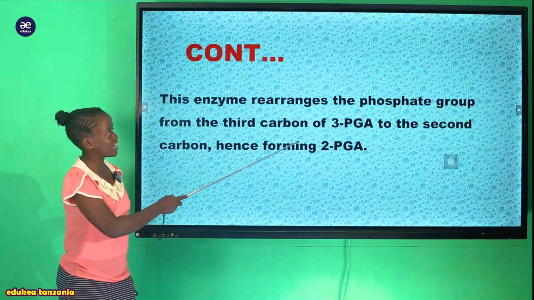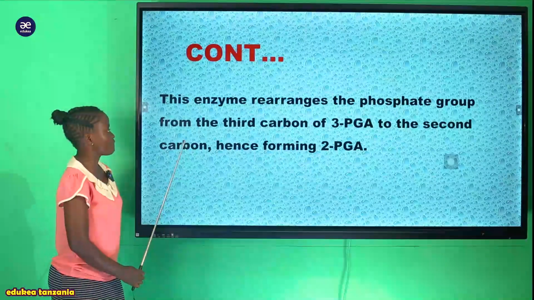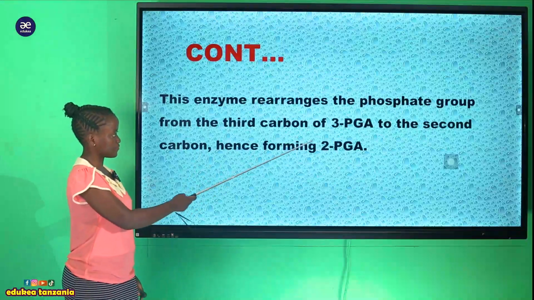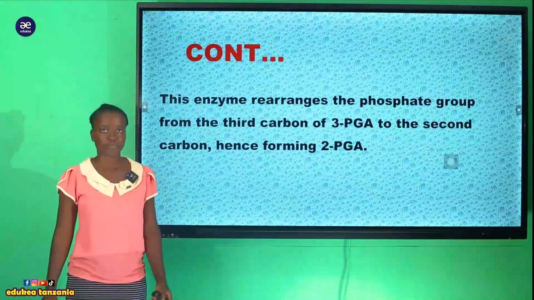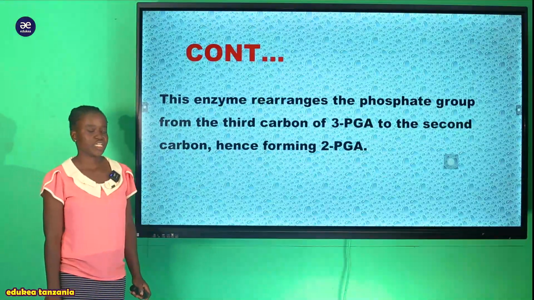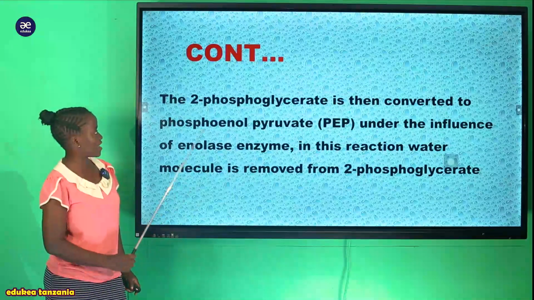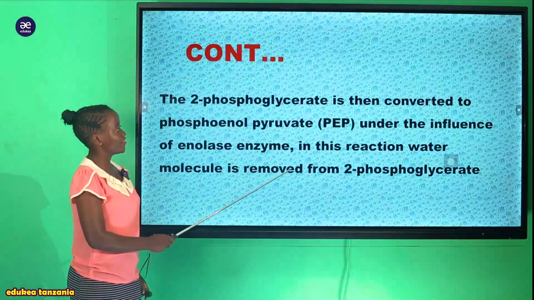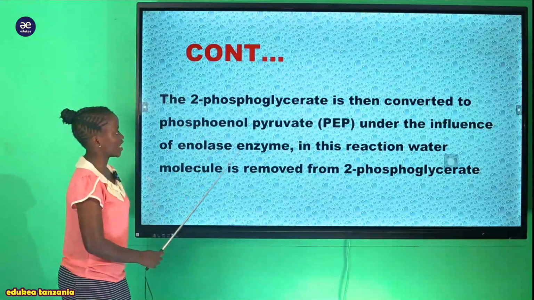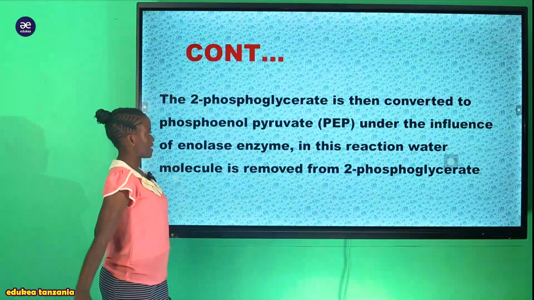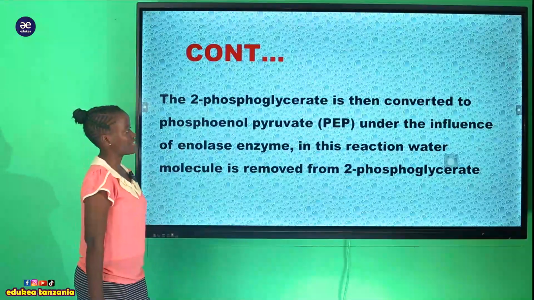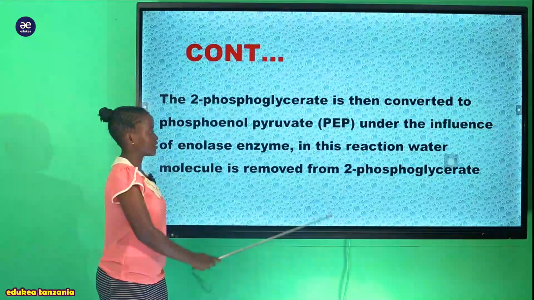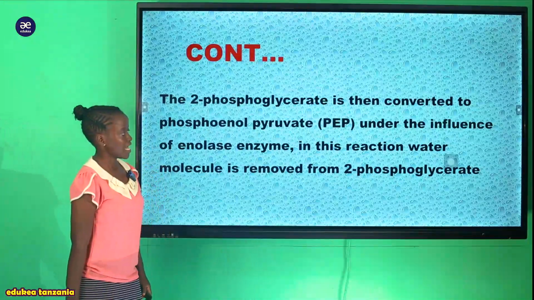The enzyme rearranges the phosphate group from the third carbon, which is the 3-PGA, to the second carbon, hence forming the 2-PGA. The 2-phosphoglycerate is then converted to form phosphoenolpyruvate, which is the PEP, under the influence of the enolase enzyme. In this reaction, a water molecule is removed.